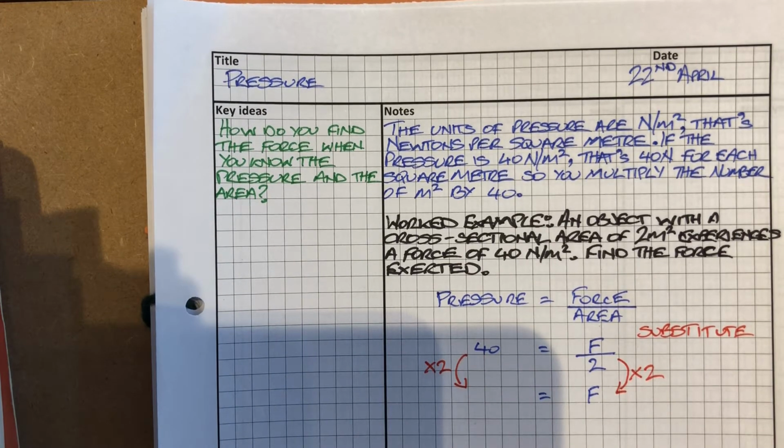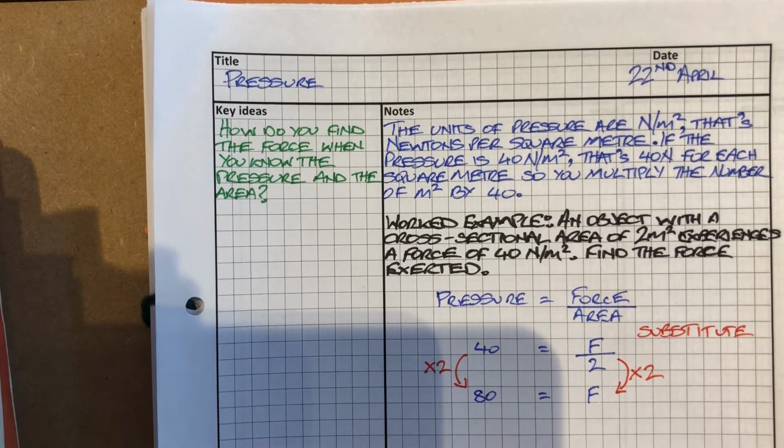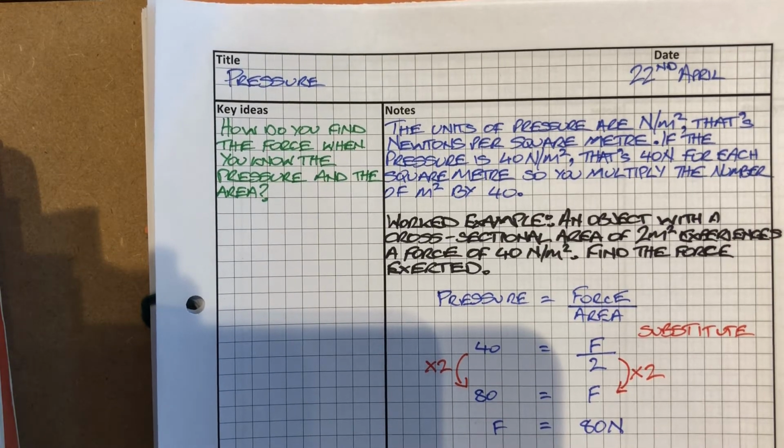So what we've got then is our area 2 multiplied by our pressure, because there's 40 newtons for every square metre. So that's 2 lots of 40, and that gives us 80. All right, so our force then is 80 newtons, and that's it done.